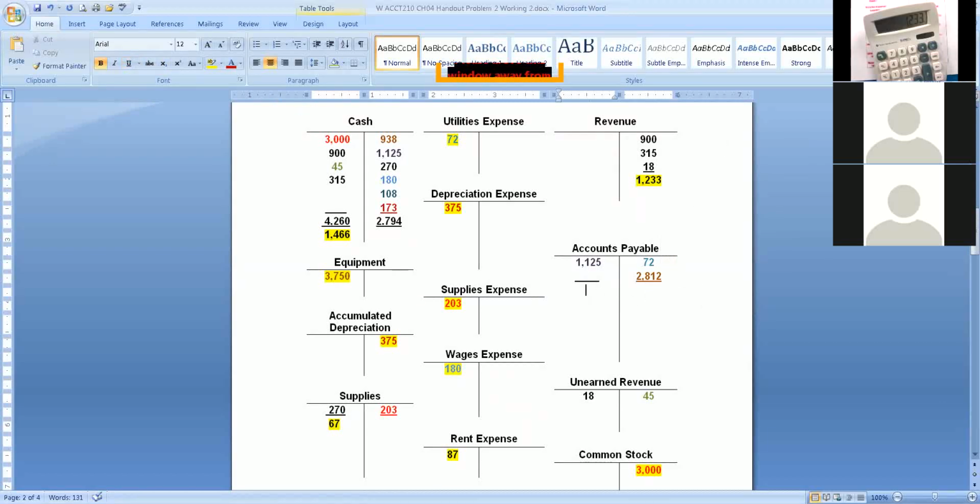So we have 1,025 on one side and whatever that is, 2812. Oops.